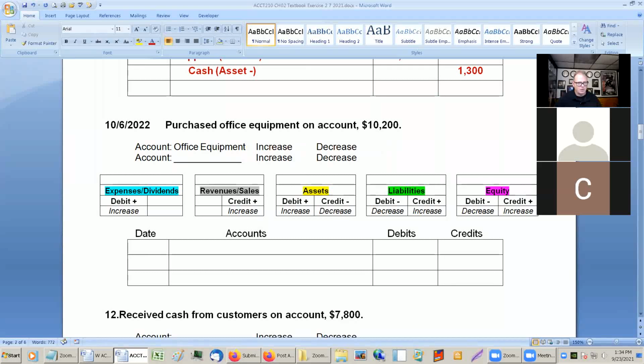And accounts payable. Okay, so we have office equipment. And again, this is going from those charts.